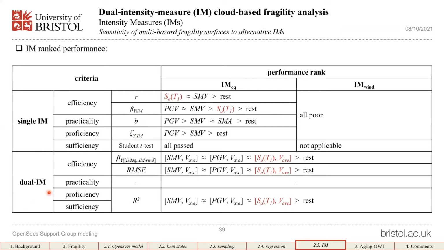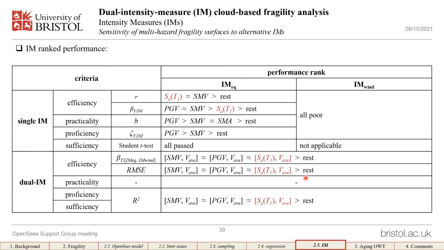For combination of intensity measure pairs, we have the following findings. Number one, the intensity measure of the SMV and the VF, which is the sustained maximum velocity together with average wind speed, was found to be the best performer in terms of these criteria.